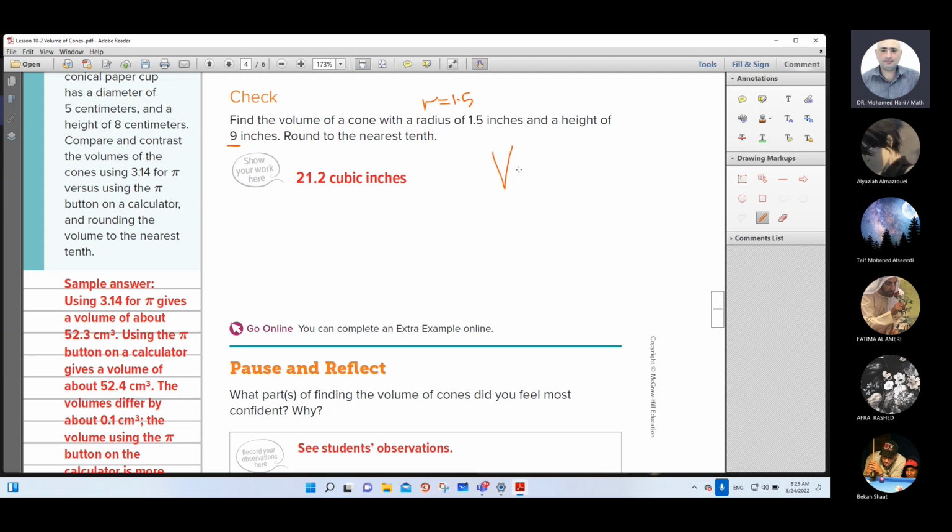So volume equals 1 over 3 times pi times r squared times h.